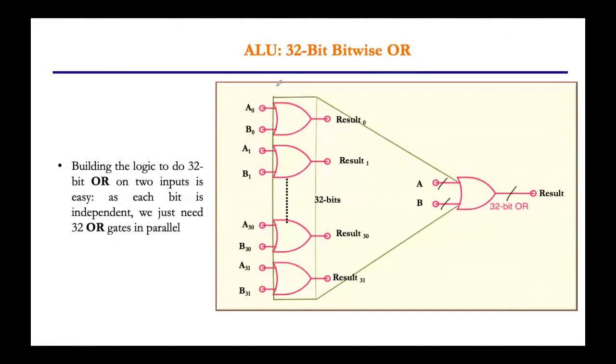So this is the first zero. All these 32 OR gates are numbered 0, 1, 2, 3 up to 31. So the first gate is gate 0.